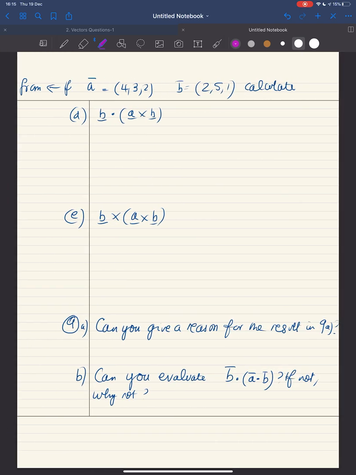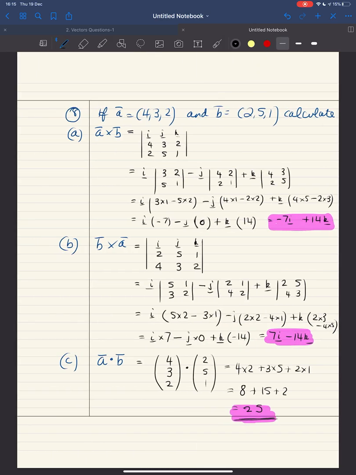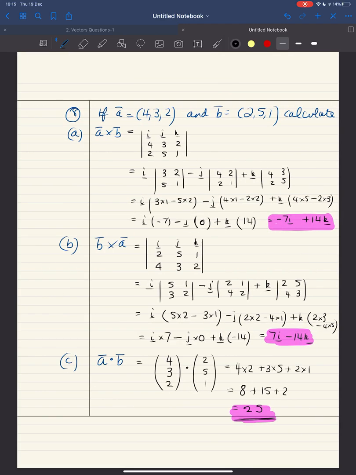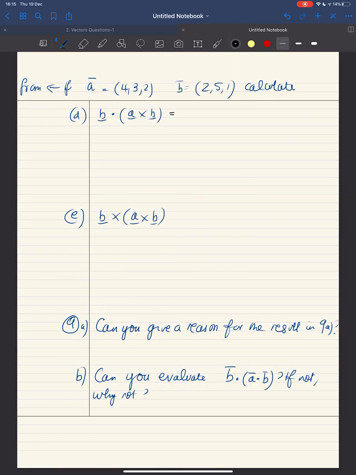Number 9: B dot A cross B. So A cross B is minus 7i plus 14k.